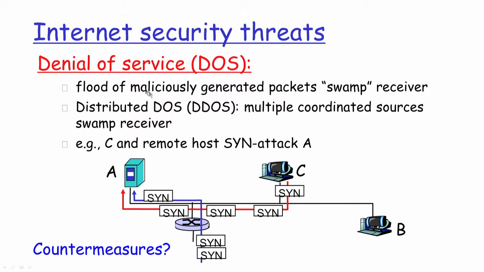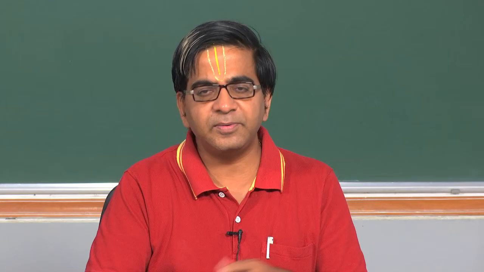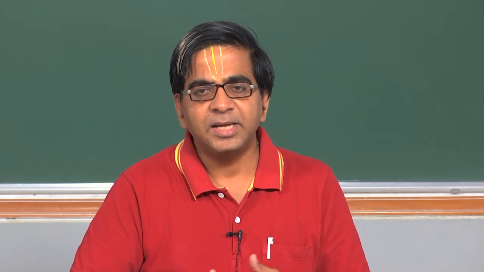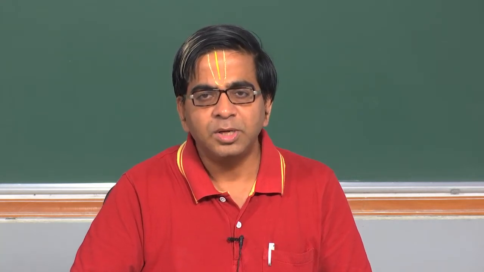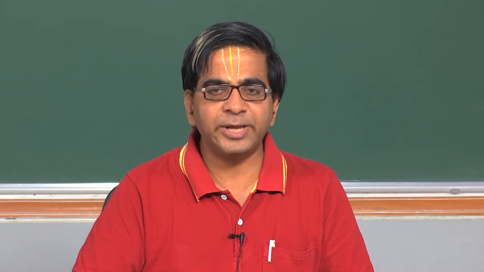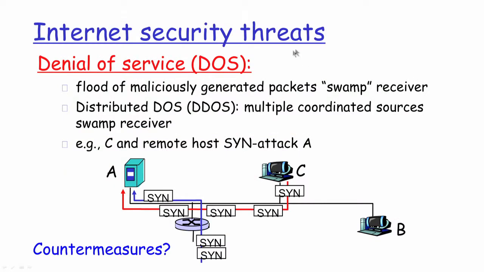A modified version of the denial of service is what is called a distributed DoS, where instead of a single attacking machine, there are multiple, very well coordinated sources which swamp a single receiver at the same time, right. So the server which is getting attacked can possibly die down in a much quicker time as compared to getting attacked from only a single external server, right. That is what is referred to as a distributed DoS.